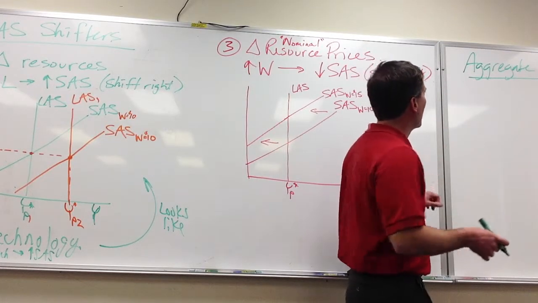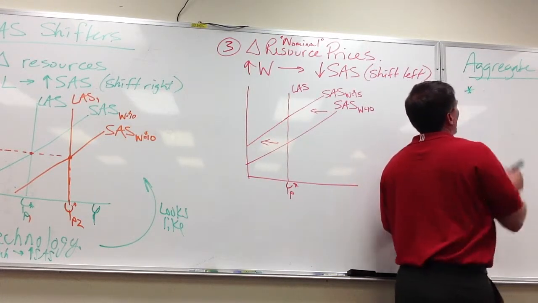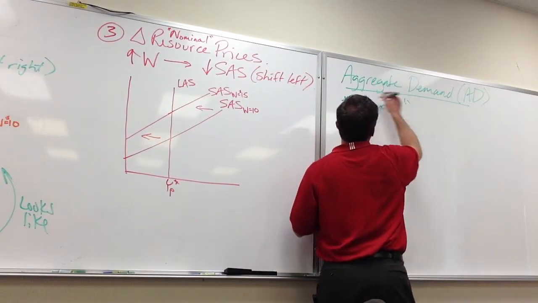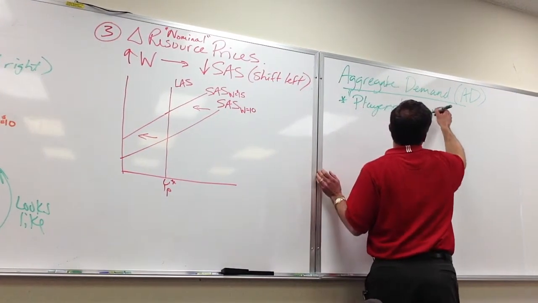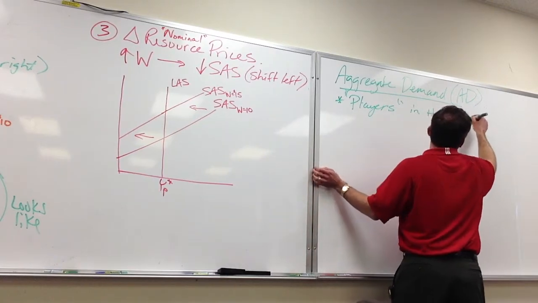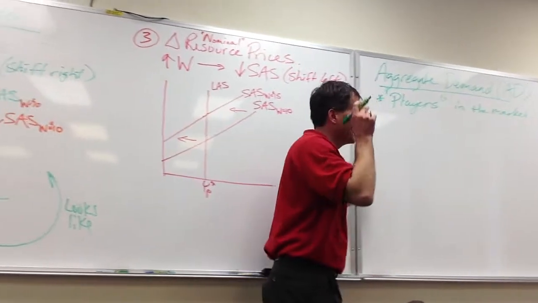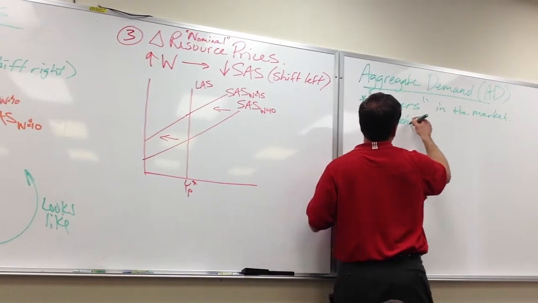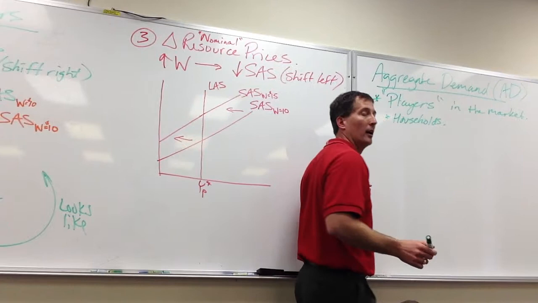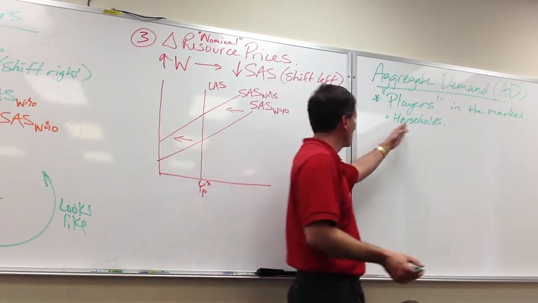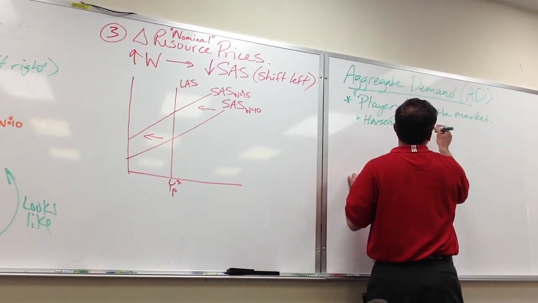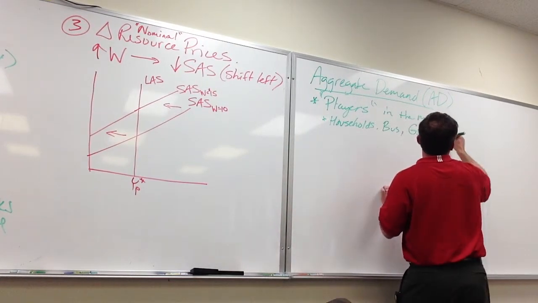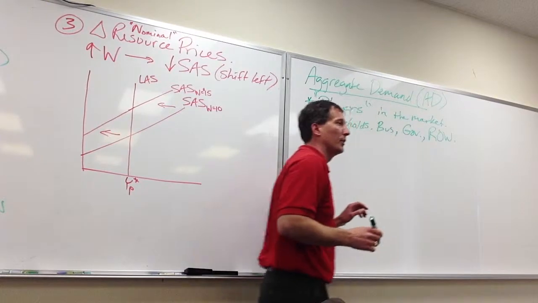So with aggregate demand, our players in the market is everybody we've come to know and love here. We've got consumers or households more generally. If we think back to our circular flow diagram, we got households, businesses, governments, and row, the rest of the world.